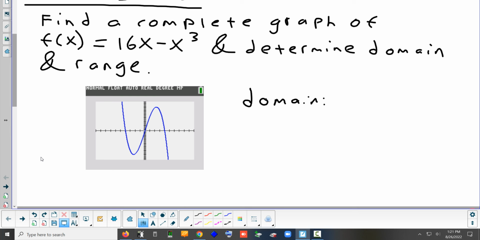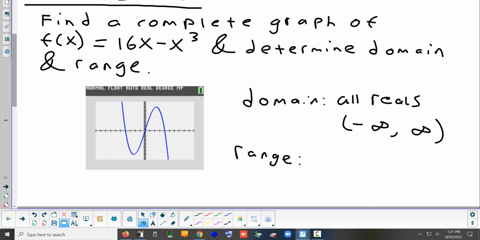Would you ever be dividing by 0 in that formula? Would you ever take the square root of a negative? Then you can plug anything in you want. So the domain is all reals. Again, with our notation, it's -infinity to infinity. Parenthesis on each end, because you can never actually reach those values.